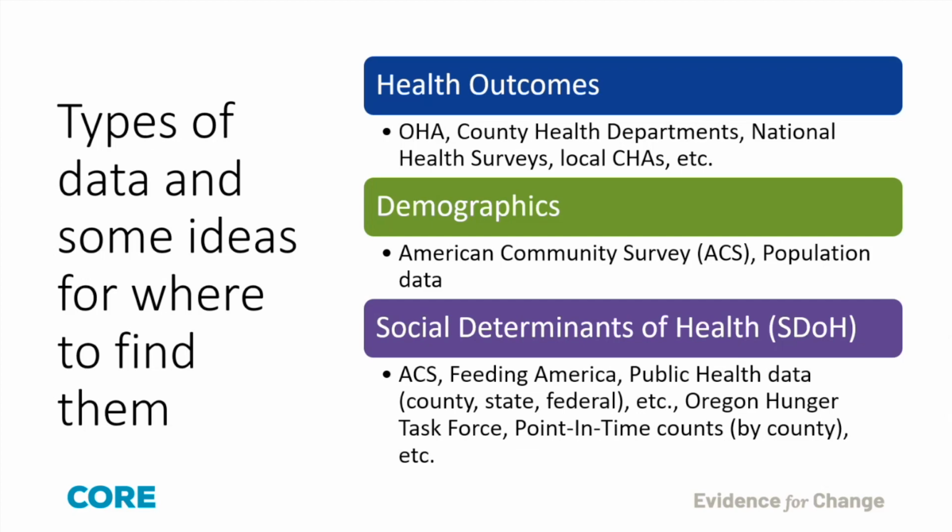For demographics, American Community Survey looked quite popular, and it's something that you can use. Social determinants of health, again, the ACS, Feeding America, public health data at any level, county, state, federal, Oregon Hunger Task Force, point in time counts from counties, just a variety of different examples.